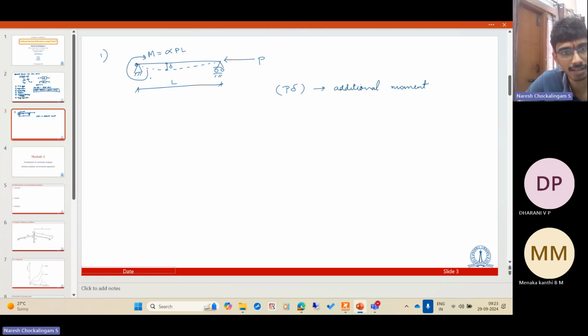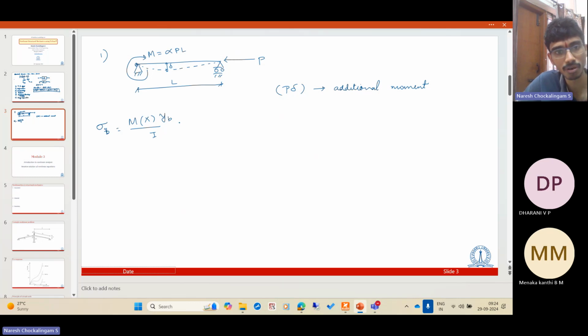Therefore, if you look at the tensile forces at the bottom of this beam, in addition to whatever is given by the moment, applied moment M, this moment can be the applied moment, M of x, say y bottom by I. This is the tensile stress at the bottom of the beam due to the applied moment.